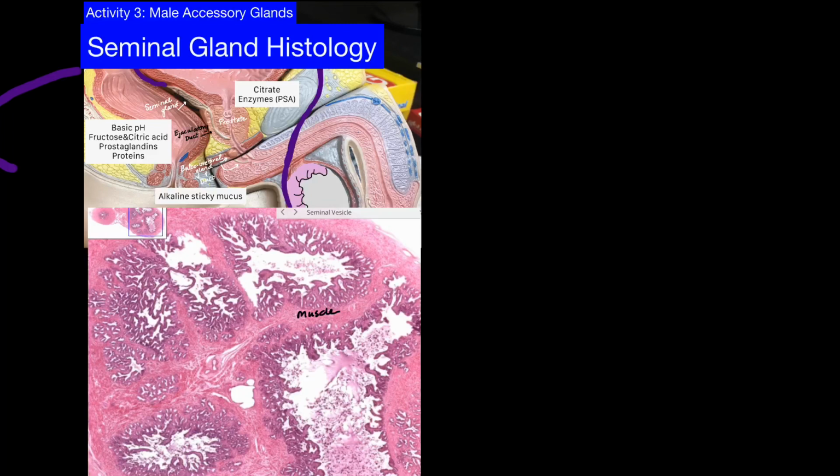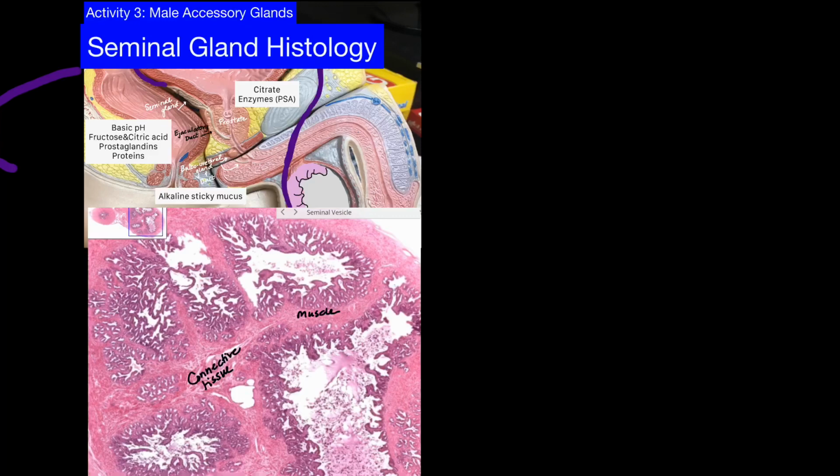We can see muscle that separates the different tubes, and it's difficult to see, but there are circular muscle and longitudinal layers. We also have connective tissue that supports the tubes.